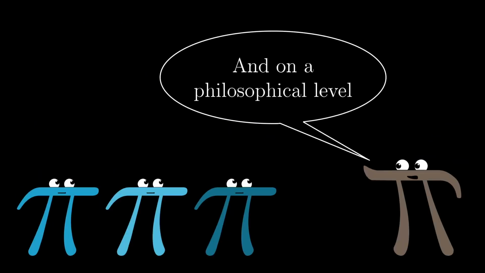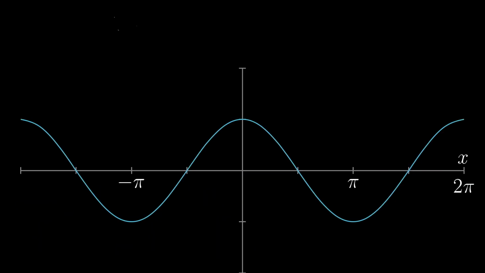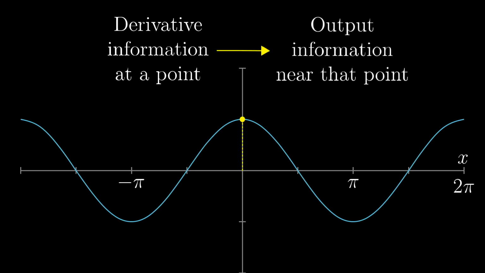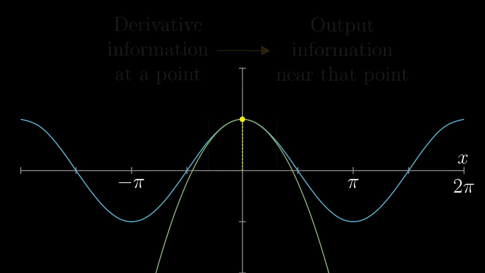And finally, on a more philosophical level, notice how what we're doing here is basically taking information about higher order derivatives of a function at a single point, and then translating that into information about the value of the function near that point. You can take as many derivatives of cosine as you want.